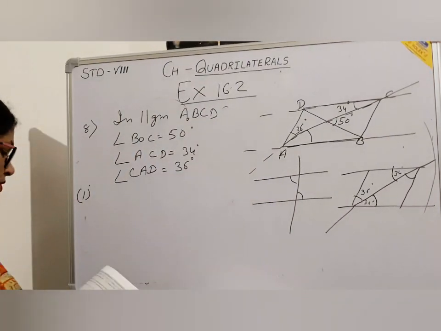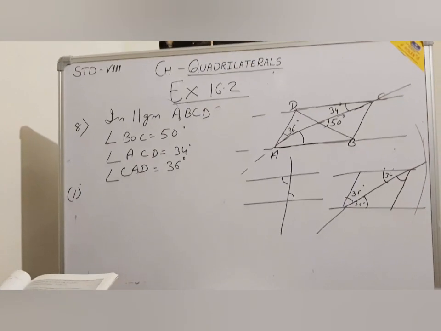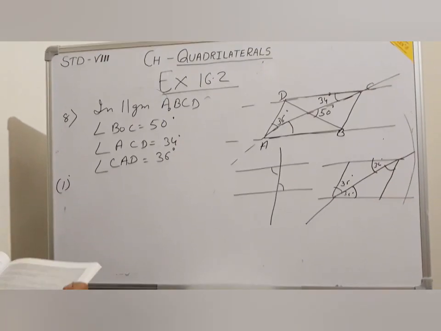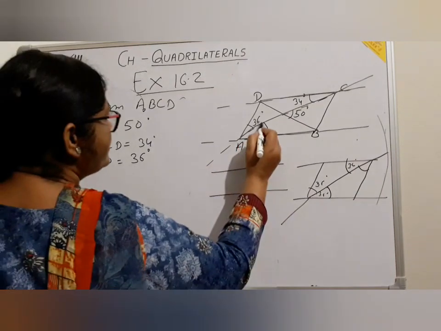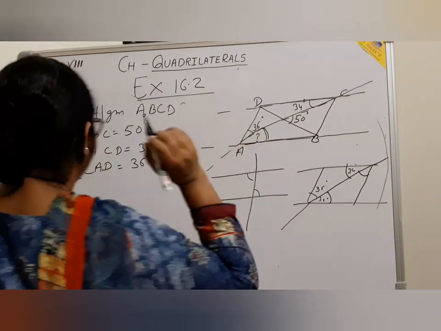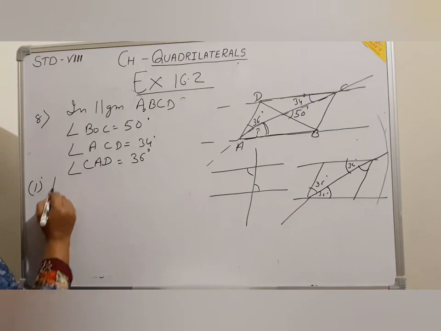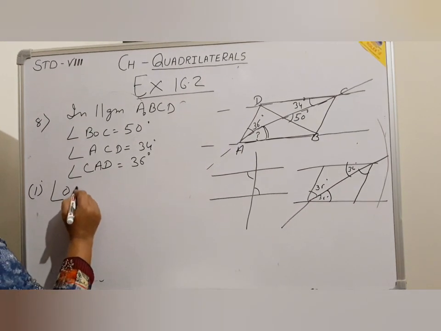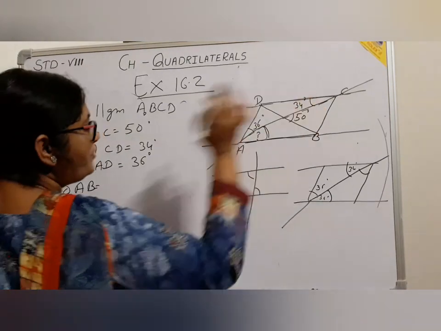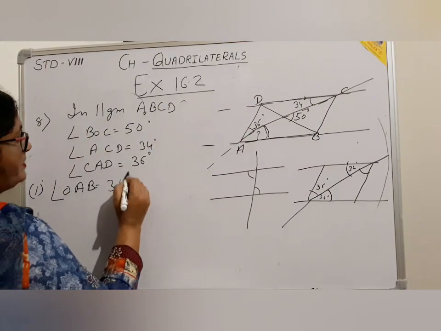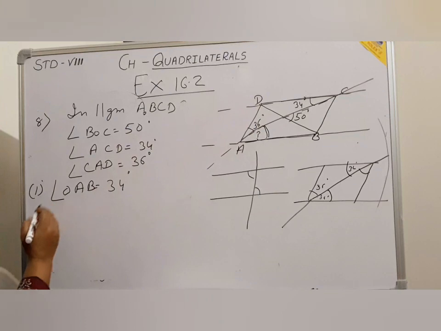In the first sum you should find the angle OAB, means this angle you should find. Now tell me, angle OAB is equal to 34 degree because these are two alternate angles.